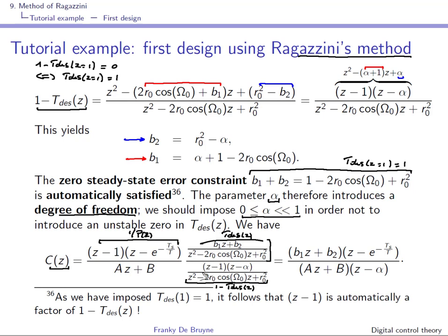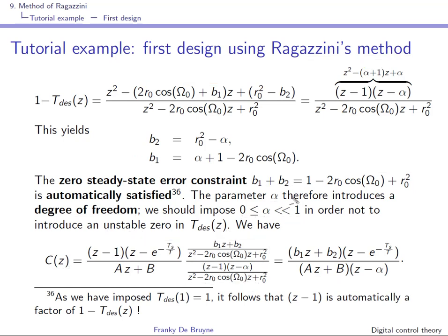There is a factor z minus 1 in here. So now we can start cancelling out. This one you can cancel out, this one, this one, and this one. And this is now my Ragazzini design, where alpha between 0 and 1 can be used as a degree of freedom.